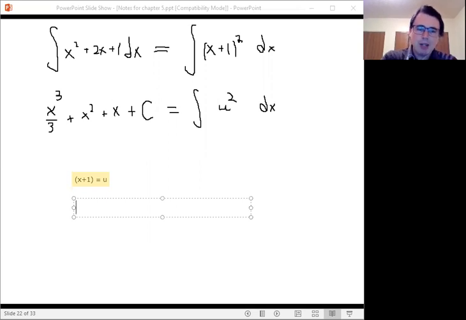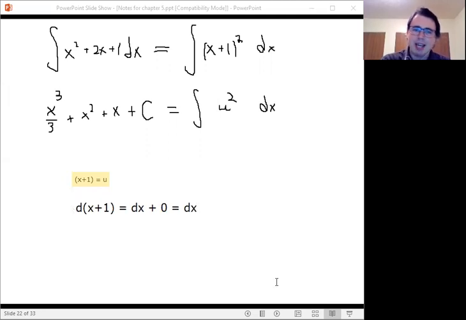So what's the differential of my x plus 1? Well, I'll have a dx, and the differential of a constant is 0, so I'll just have a dx. This all is supposed to be equal to the differential du. So every time my x changes, my u changes by exactly the same amount.